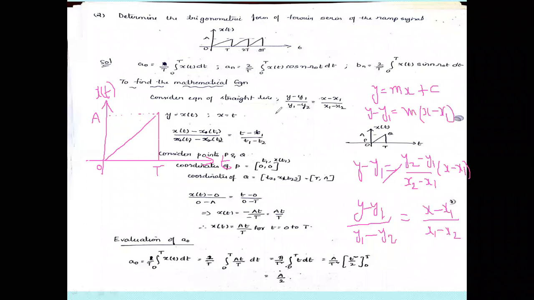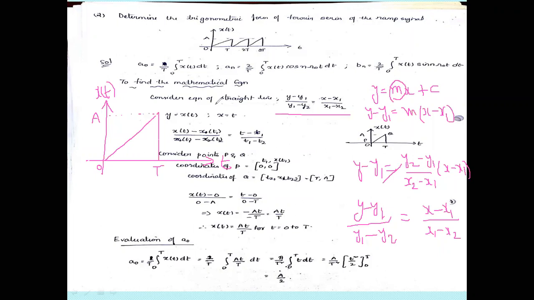This is the same equation I wrote here. Don't be confused, my dear students. This is the equation we got from the straight line equation y is equal to mx plus c, in which m is the slope.